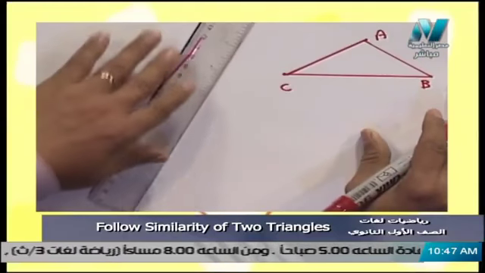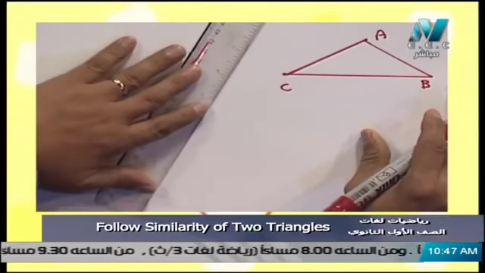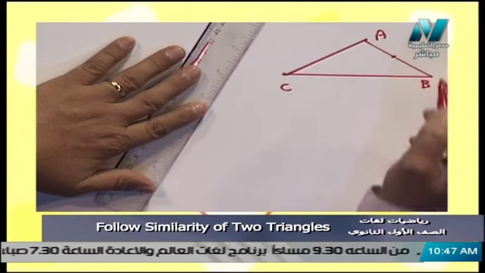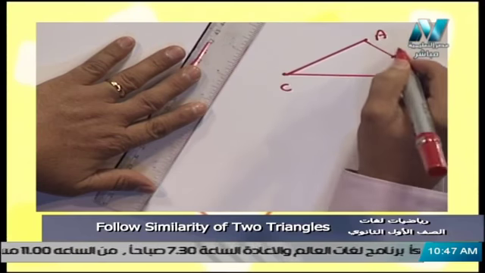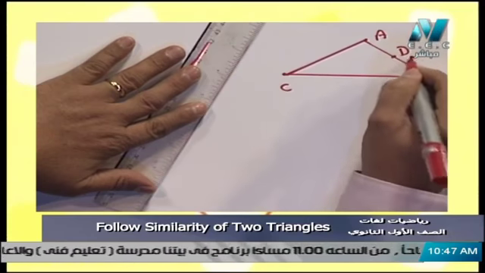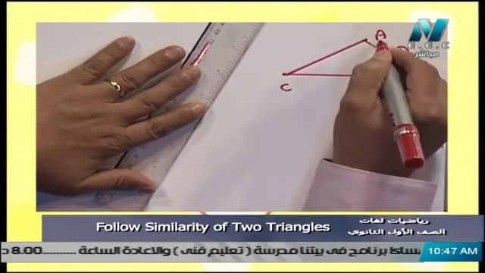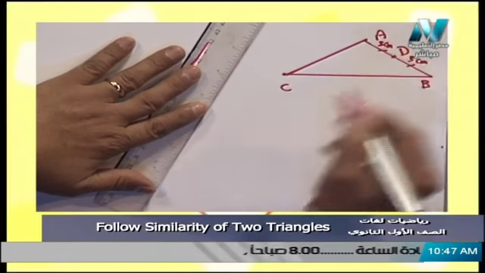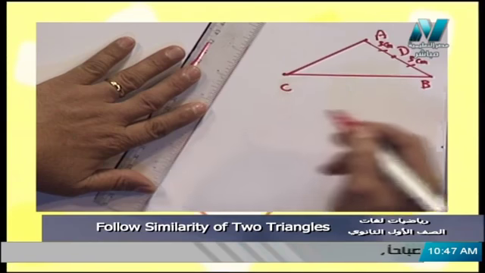Okay. And let's bisect AB by the bisector point D, and DB equals 3 centimeters, and DA equals 3 centimeters also. So DB equals DA. Okay.